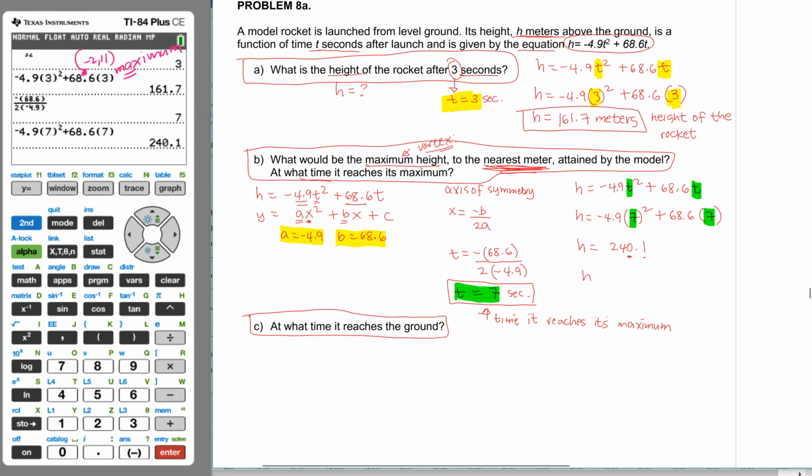So approximately 240 meters. This would be the maximum height.